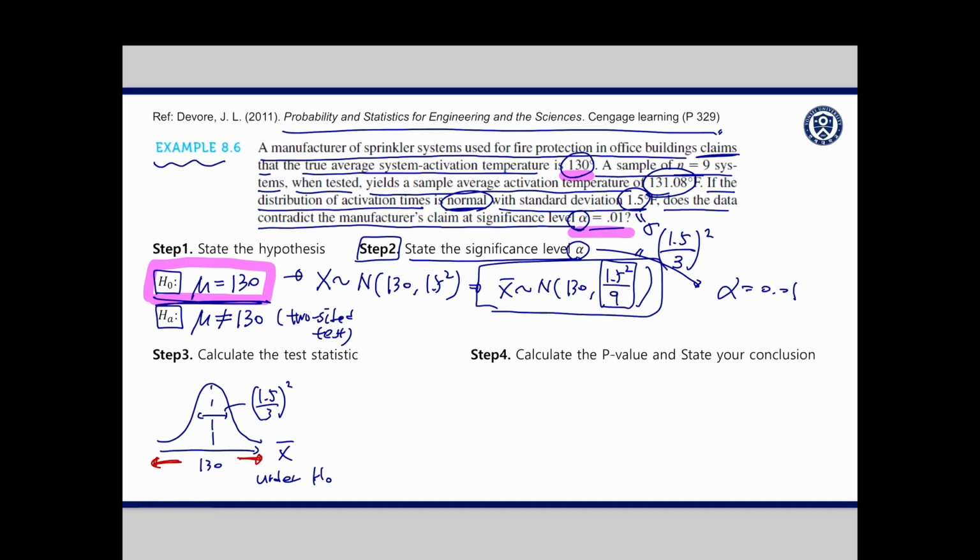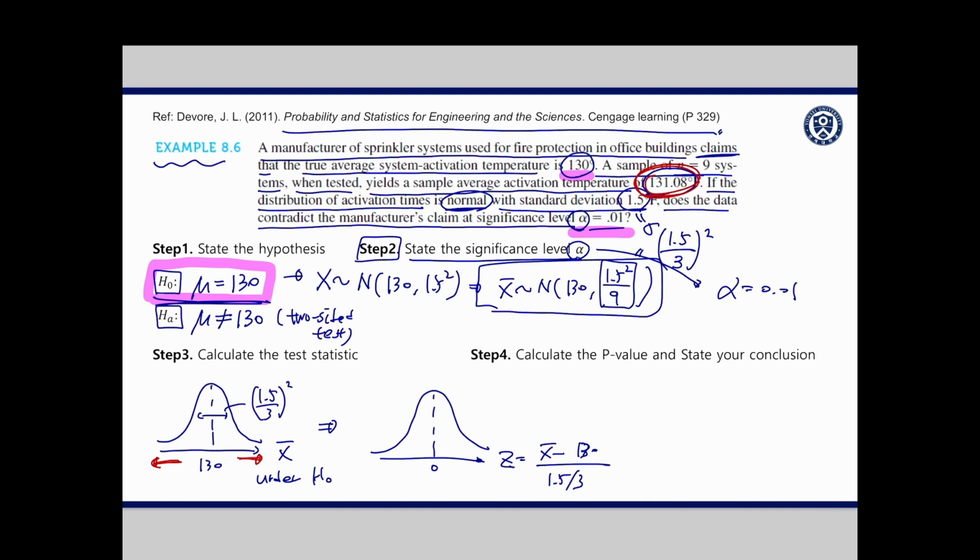And we standardize this: Z equals X bar minus 130 over the standard error. And the sample mean X bar, that is the test statistic, is 131.08.